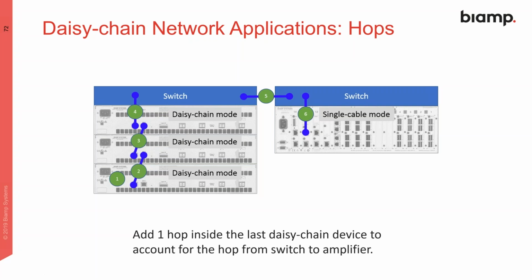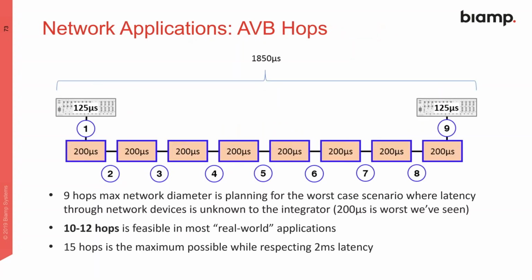How many hops can we support? Traditionally, we've said 9 hops. The reason that we say that is that we don't have control over all the switches and things that are on the network. What we've seen in testing is 200 microseconds between devices.